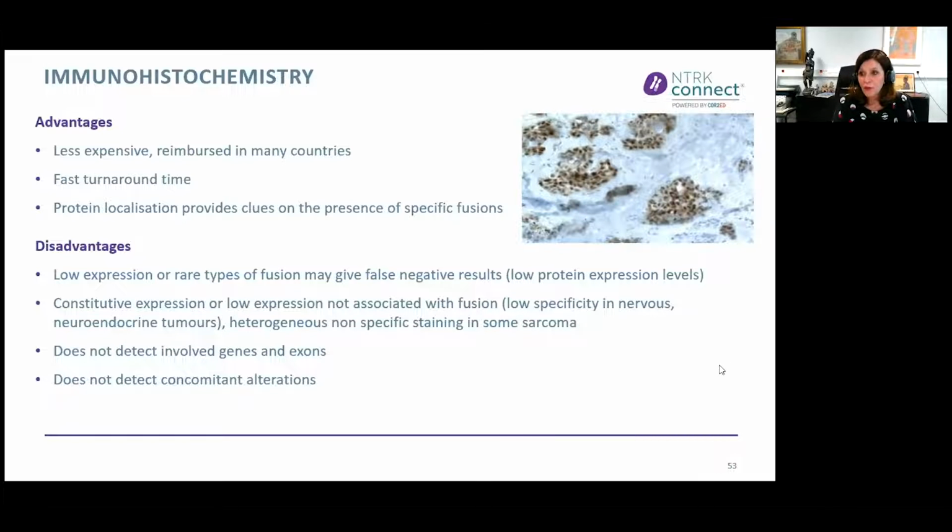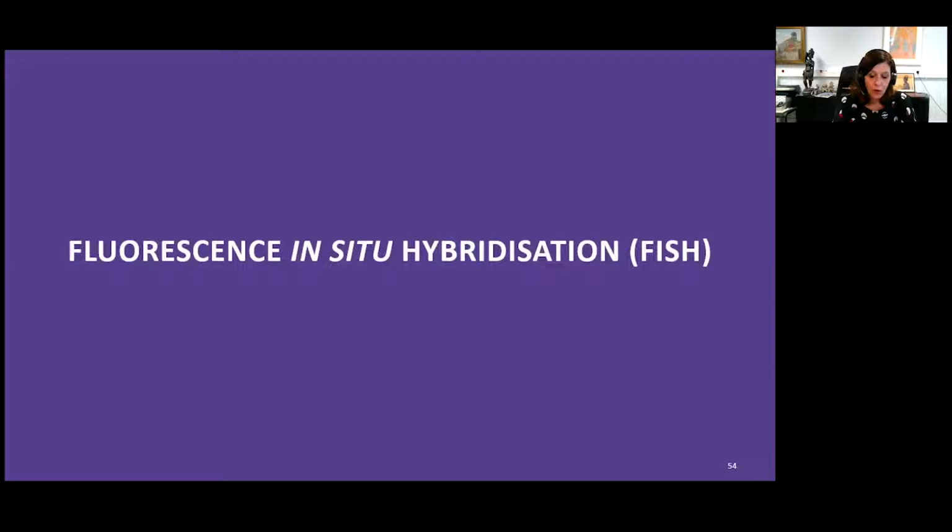And it's the same thing for some sarcomas, where we have heterogeneous staining. And of course, it's not specific because we need the molecular biology results to know about the exons and the partners. And it's, of course, only looking at the TRK protein.